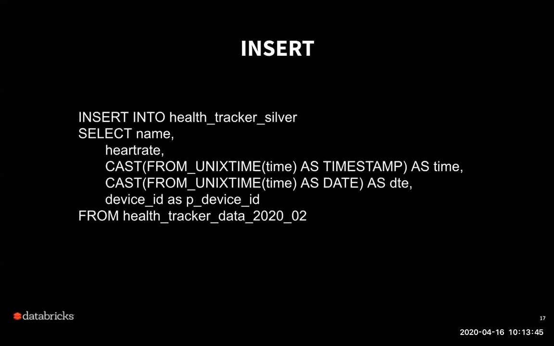And this is something that Delta Lake really makes available, the ability to do updates to our tables and change our tables. That's because Delta Lake adds to our file format the ability to have a transaction log that will track updates and allow concurrent updates to tables that don't conflict with each other. So we have, for example, insert into health tracker silver, this new set of data from newly arrived records.